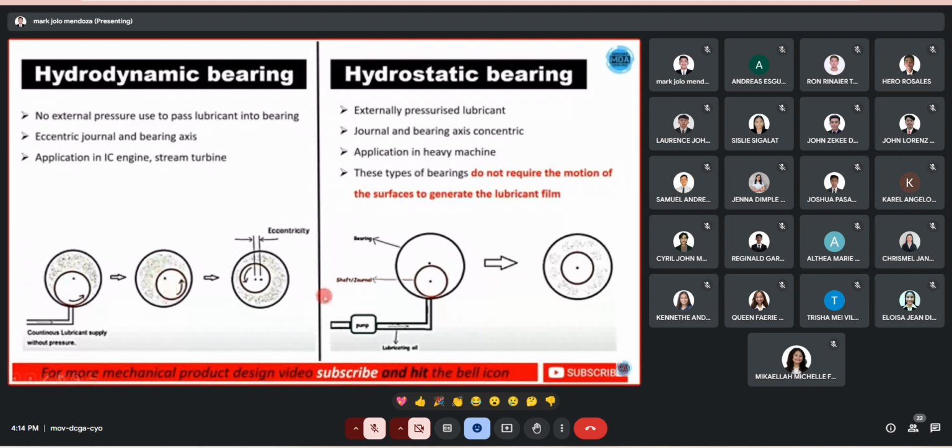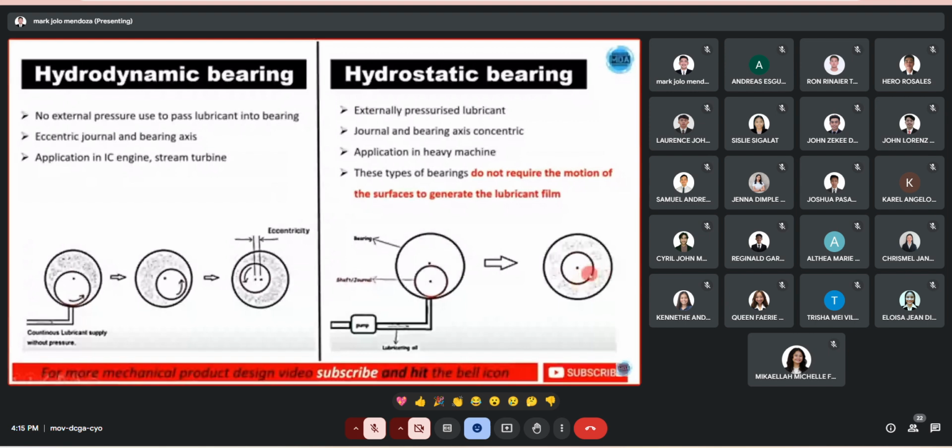With the help of pressurized lubricant, we are lifting the shaft and it becomes concentric. There will be no offset value from center to center between the shaft and the bearing. So there are only two differences: hydrodynamic uses atmospheric pressure, and hydrostatic uses pressurized lubricant.